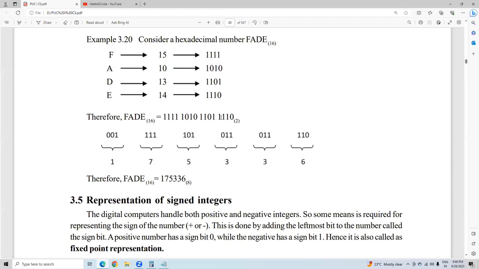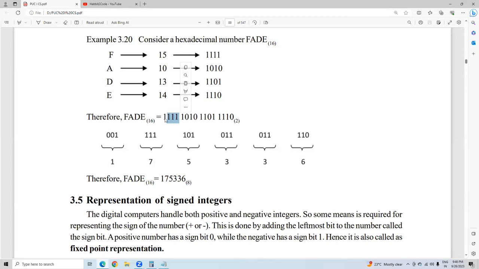See, 110 is one group, you can see here. And after that 011 is another 3 digit group. After that again 011, another 3 digit group. After that 101 is another 3 digit group. 111 is another 3 digit group.